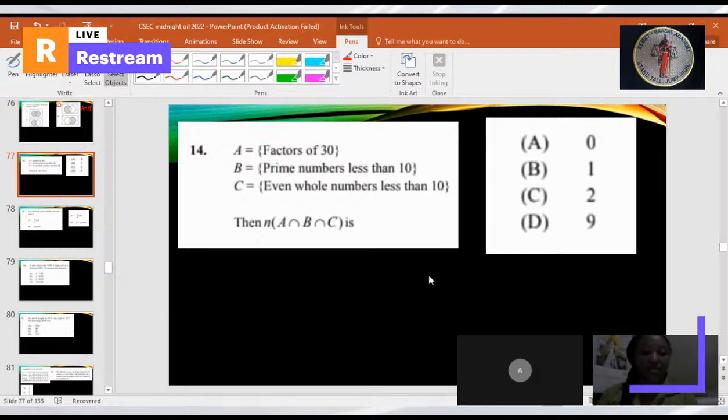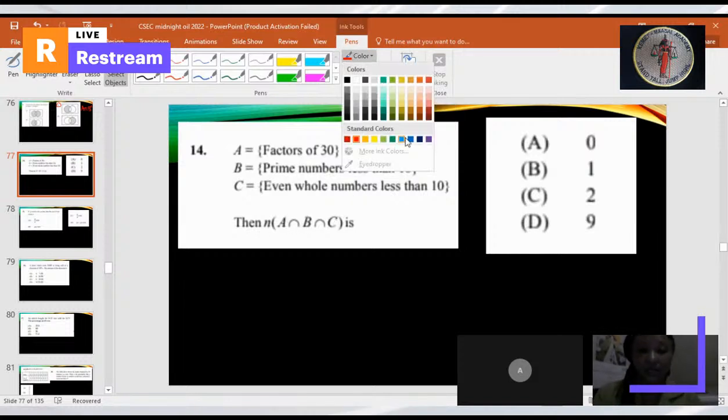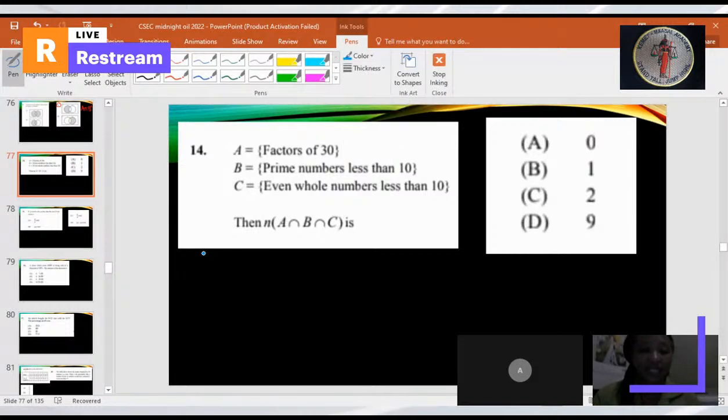Number 14, A is factors of 30. B, prime numbers less than 10. And C, even whole numbers less than 10. So the number in A intersect B intersect C. So let's list those. So for set A, factors of 30, which numbers can go into 30?